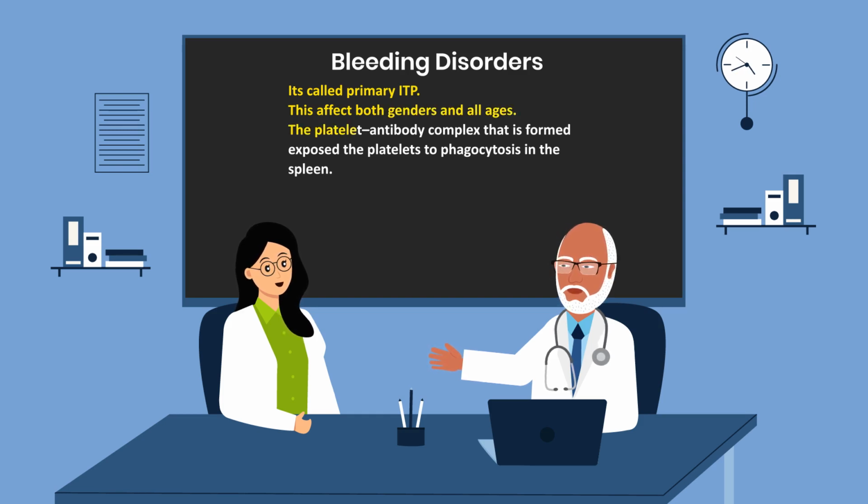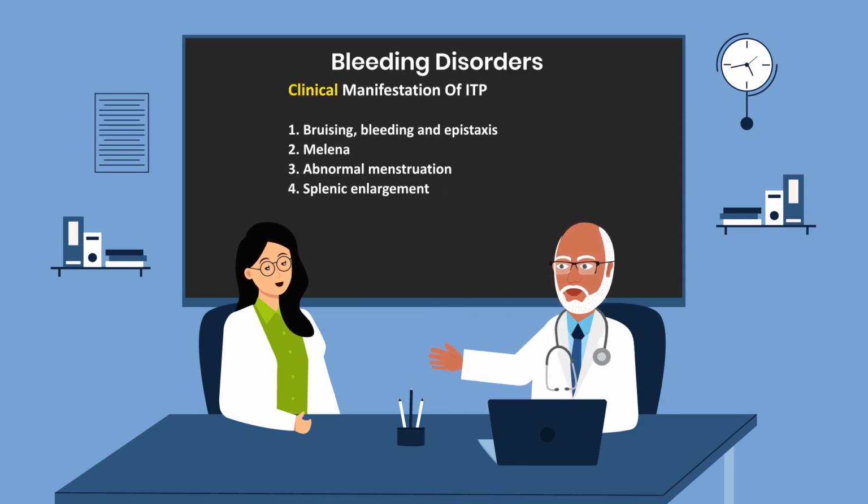The platelet antibody complex that is formed exposes the platelets to phagocytosis in the spleen. The clinical manifestations of immune thrombocytopenic purpura include bruising, bleeding and epistaxis, melena, abnormal menstruation, and splenic enlargement.